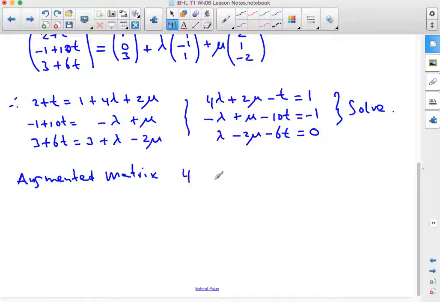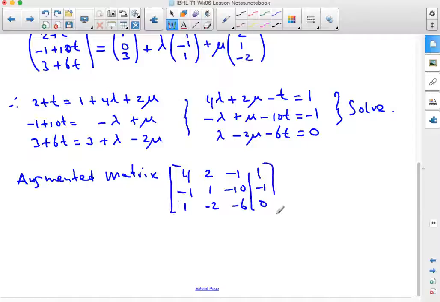So the matrix is 4, 2, negative 1, 1, negative 1, 1, negative 10, negative 1, 1, negative 2, negative 6, 0. There's a line there, and there's the augmented matrix.